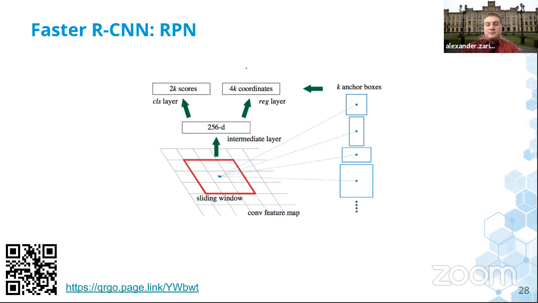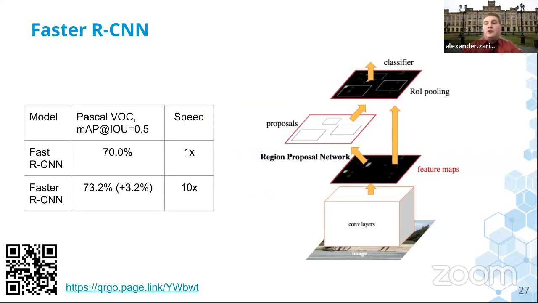And similar to the RCNN head, we additionally predict regression coordinates to better cover the whole distribution of bounding boxes in our dataset. And hence, by incorporating this RPN algorithm into our RCNN approach, we may increase both the speed and the quality of our model.